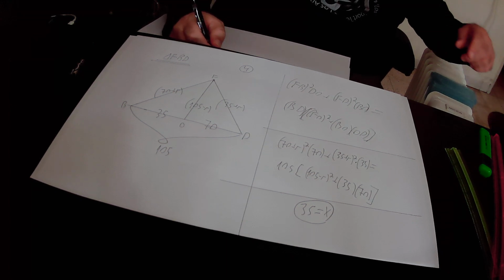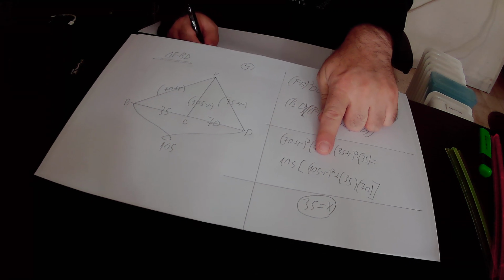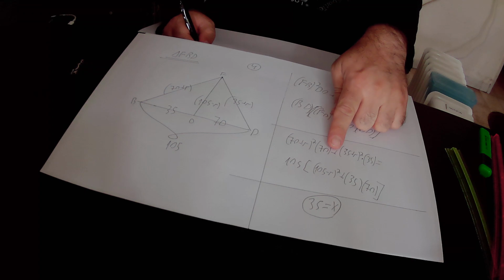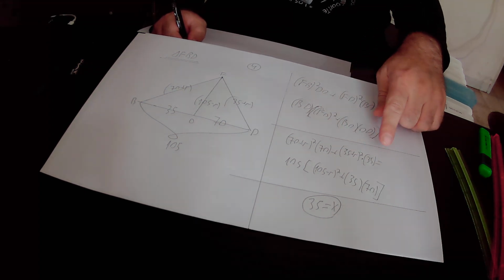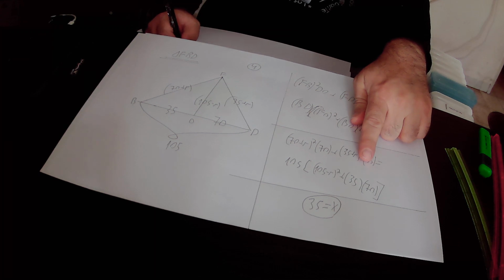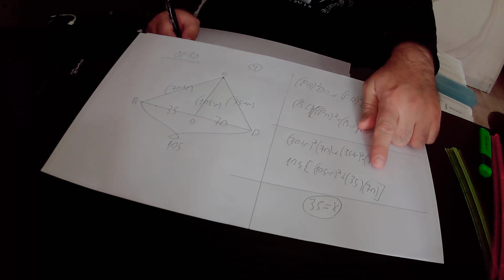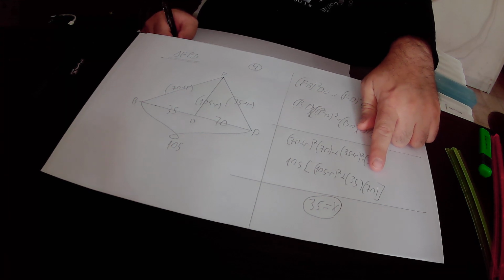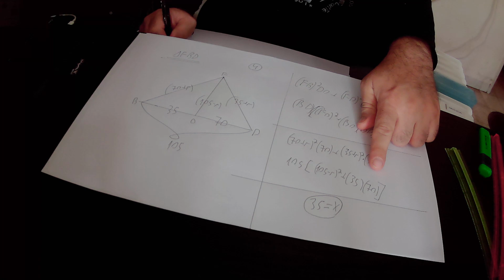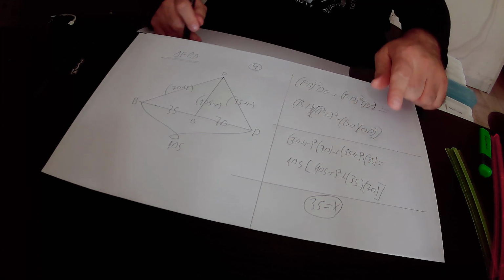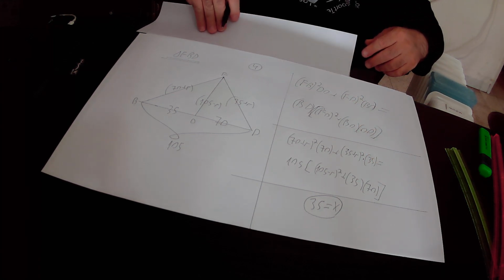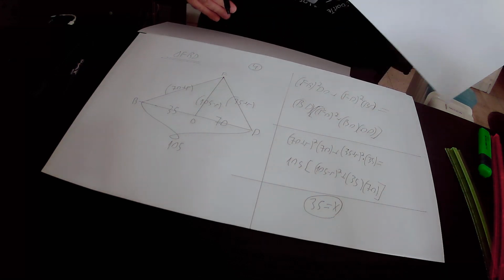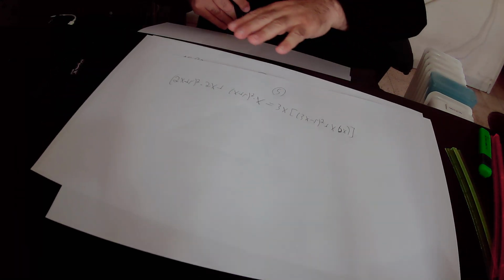Inside the bracket we have again 105, that is 3x, minus r squared plus 35 is x, 70 is 2 times 35, that is 2x. So in total, this expression equals x times 2x. So after we substituted 35 by x, we got this equation.